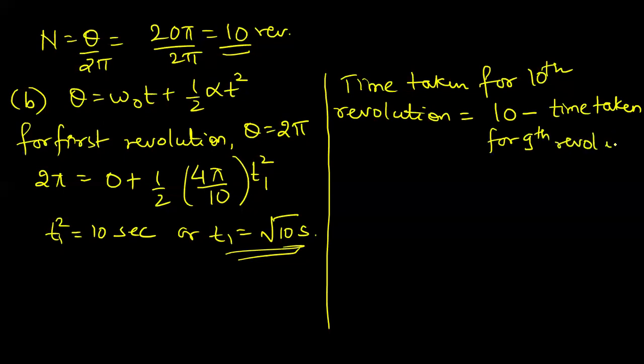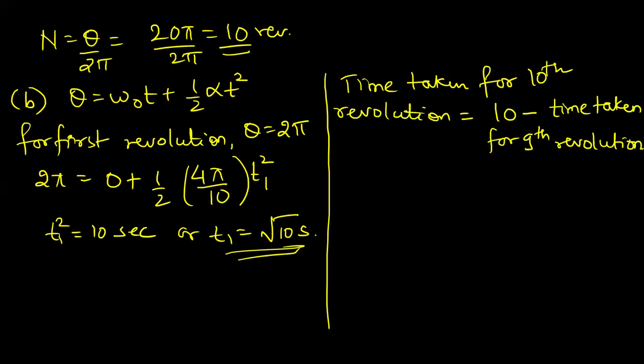This is the formula which we can use. I know this is not in the textbook also. This type of sums are not directly given in the exercise. But anyhow, let us deal with some problems. The time taken for the 10th revolution is equal to 10 minus the time taken for the 9th revolution. I want students to please remember this formula, at least for this case.